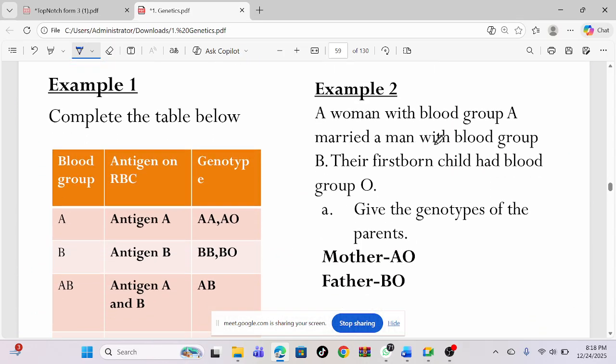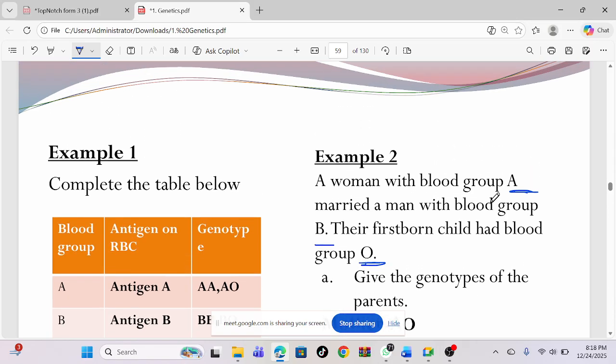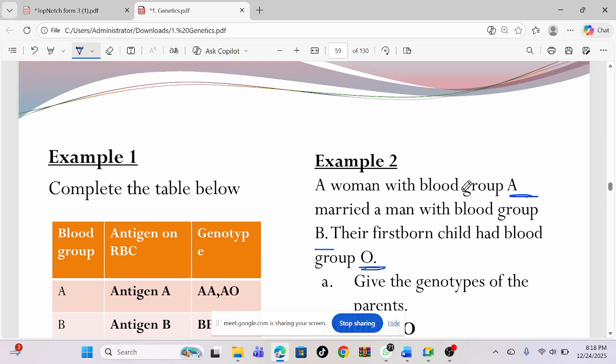So for example, angalia. A woman with blood group A married a man with blood group B. So a woman akona blood group A and a man akona blood group B. The first born had blood group O. Give the genotype of the parent. So tuseme hata kama mwanamke akona blood group A, the genotype inaweza kuwa mbili.